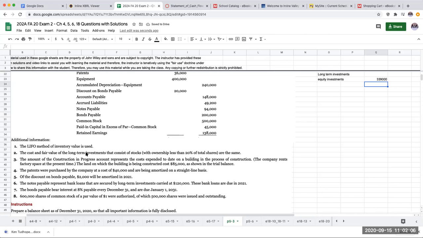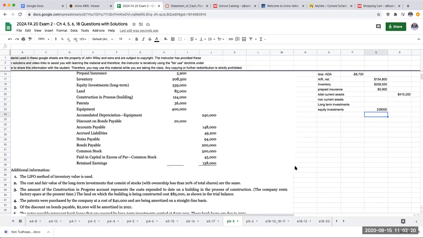And let's see what else it says. Okay, so right over here, this says the notes payable represent bank loans that are secured by long-term investments carried at $120,000. So this is saying that these equity investments are secured.